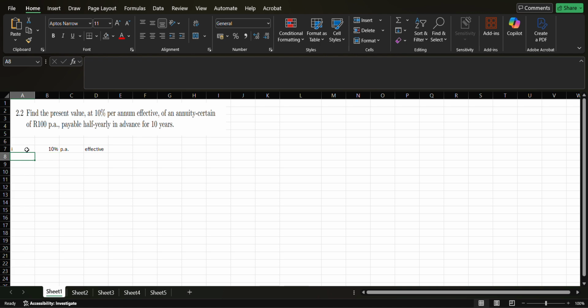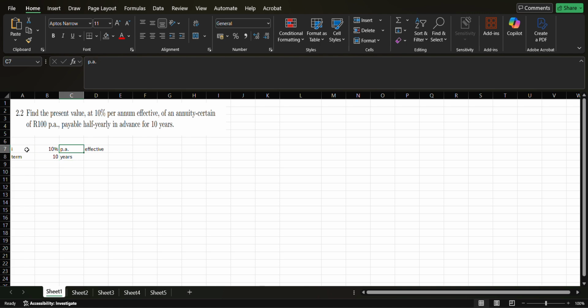It's an annuity certain of 100 Rand per annum, payable half yearly in advance for 10 years. I'm going to write down the term first because that's the easier part of that chunk of information to note down. So the term is 10 years.